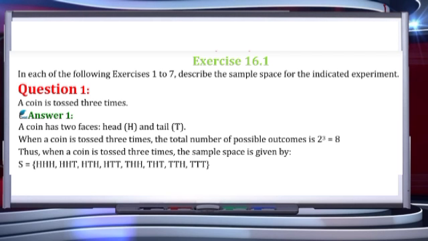Suppose we fix that all 3 heads come, that is only one outcome. If we fix one tail, it has 3 places to come. It can come first, it can come second, or it can appear at the last. Similarly for the 2 tails, and the last one is all 3 tails. Likewise we will complete our sample space.